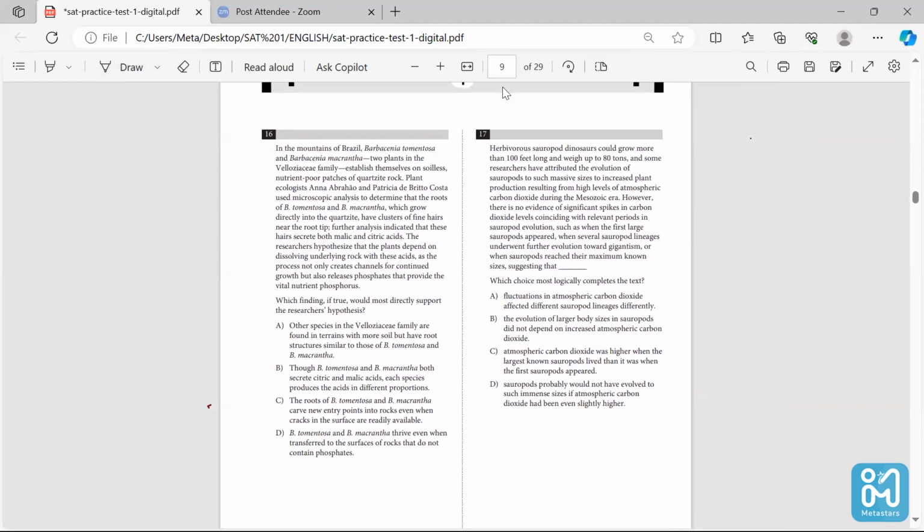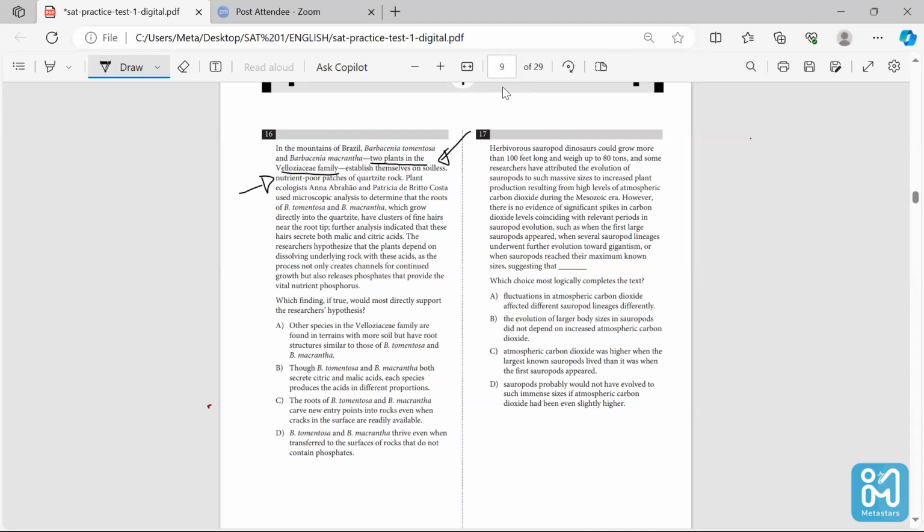Whenever we have hard names, like in number 16, it's going to be confusing, right? And whenever we have hard names, look at the hyphenated words or groups of words, like two plants and Valencia family. This gives you an explanation.